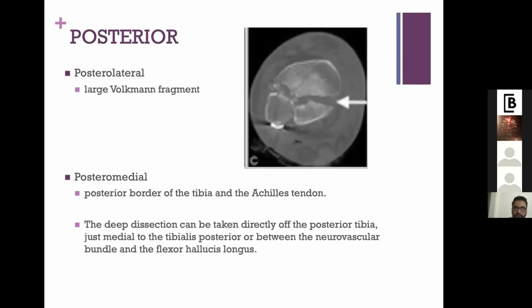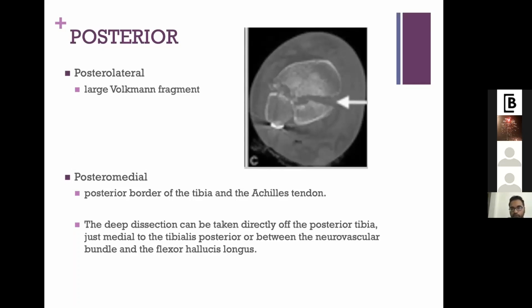In the posterior approach, you have to decide whether you want to go posterolateral or posterior, depending upon the fracture pattern that I have explained to you. Most important, if it is a posterolateral fragment and you want to approach posteriorly, you should think whether you are adding another skin incision, anterior or medial.